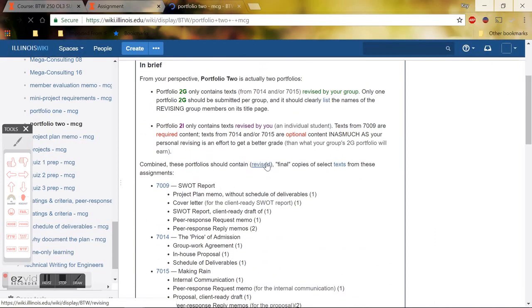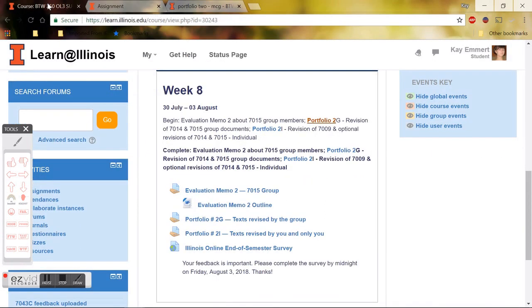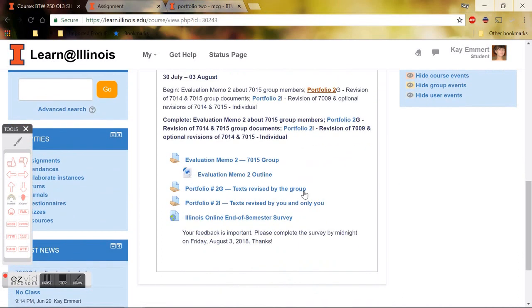So I don't want you to submit the evaluation memo as part of the group project. You should be submitting evaluation memo 2 as its own submission. You and I should be the only ones seeing your evaluation memo. Okay, so don't turn it in as part of the group project. All right. So that's all there is to it.